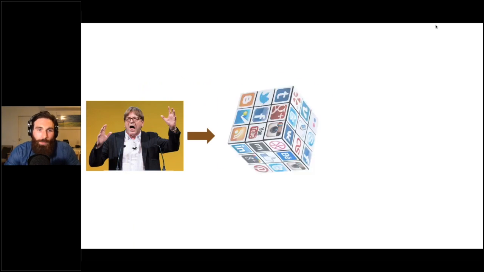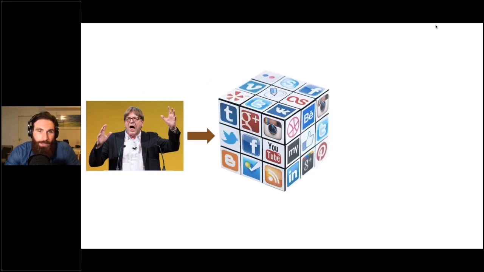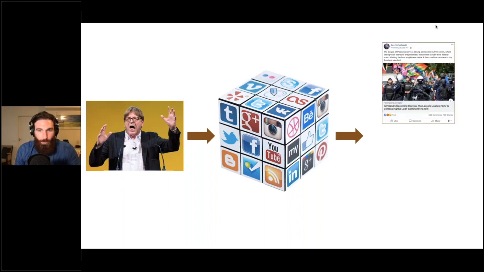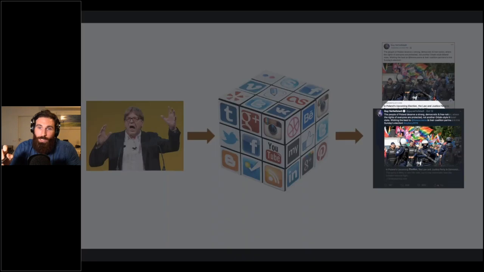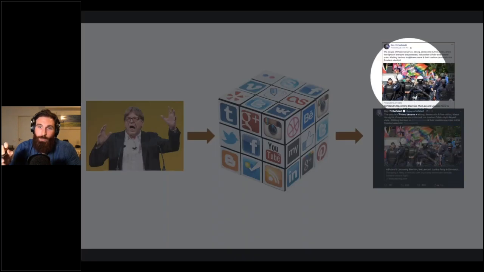And so the basic argument is quite simple, and that's that whenever a politician communicates on social media, or journalists are reporting, or citizens are talking, that communication is going to be mediated by the way that a platform is coded and designed. So if we look at these examples from Guy Verhofstadt, we'll see that this is the same Facebook post, but you'll see here there's a hashtag on Twitter. On Facebook, there's not.